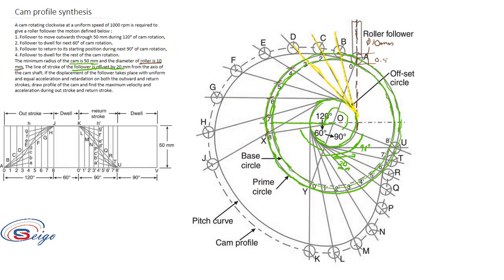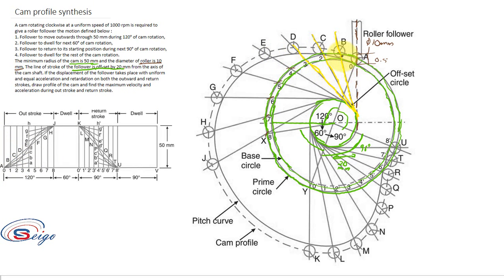After that what you have to do is take the measurement from this displacement diagram, that means 1B. Okay, 1B.